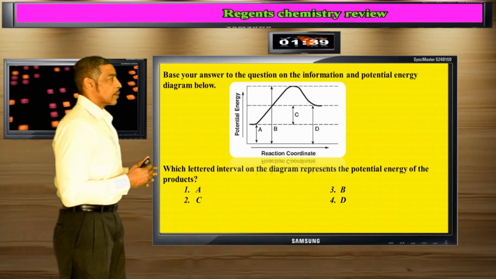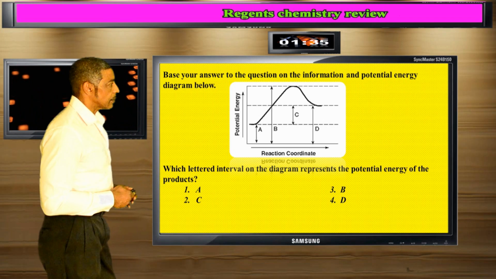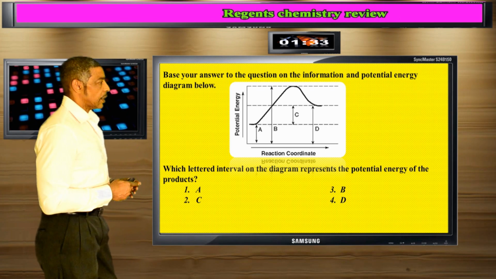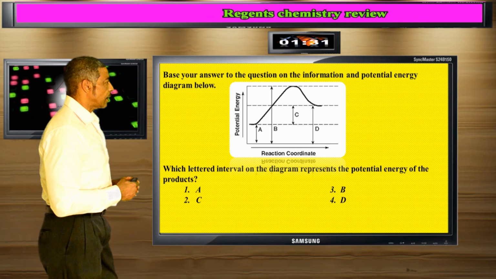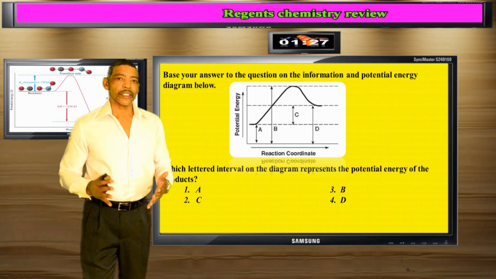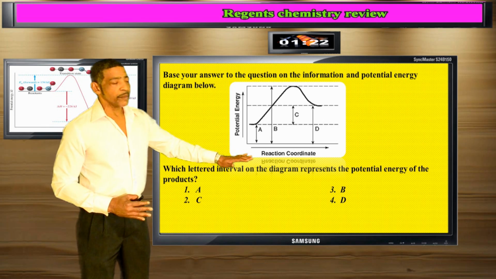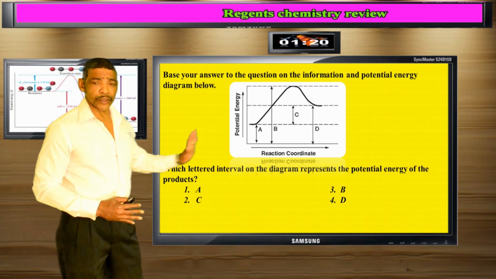Base your answer to the question on the information and potential energy diagram below. Which lettered interval on the diagram represents the potential energy of the products? Now, to answer this question, consider the reaction coordinate. This simply means that the reaction proceeds in a forward direction.